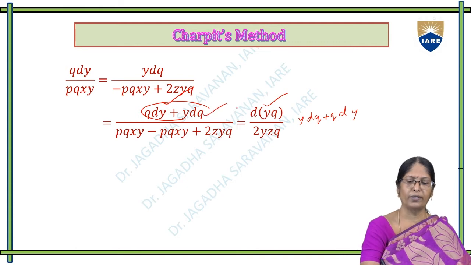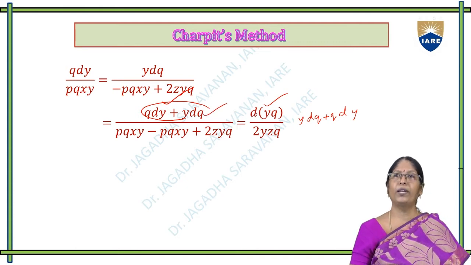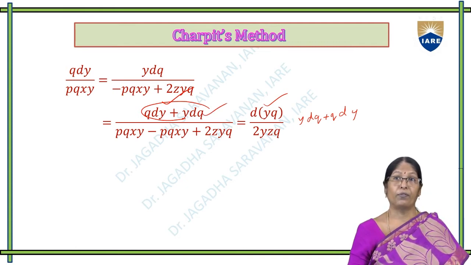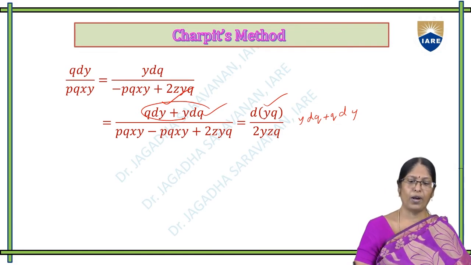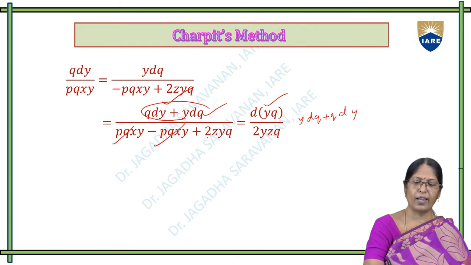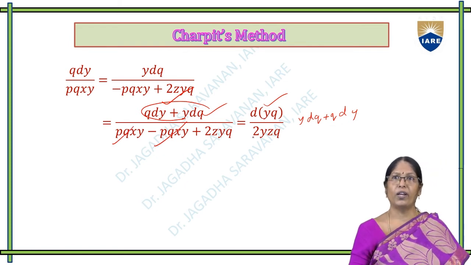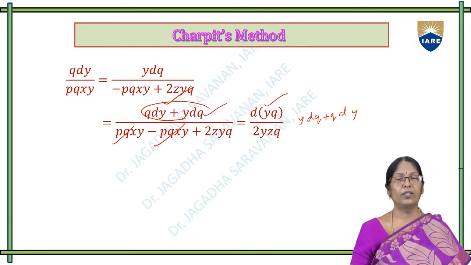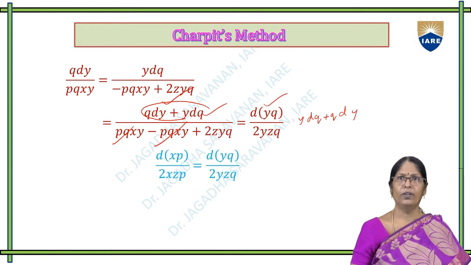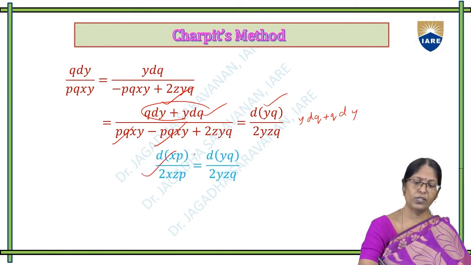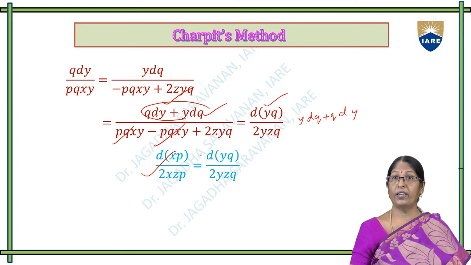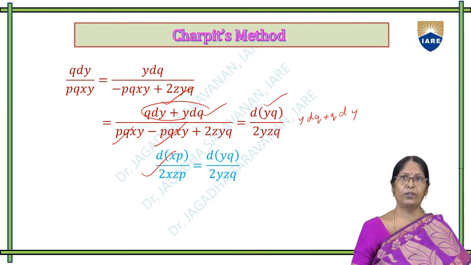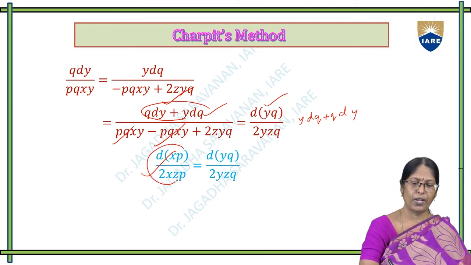That's what is here. So we can write it simply d of yq, the first derivative of yq, divided by 2yzq, the rest getting cancelled. So the first result we obtained, taking the first and third member.